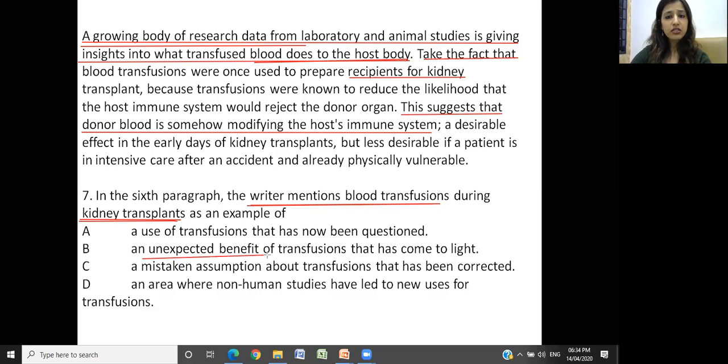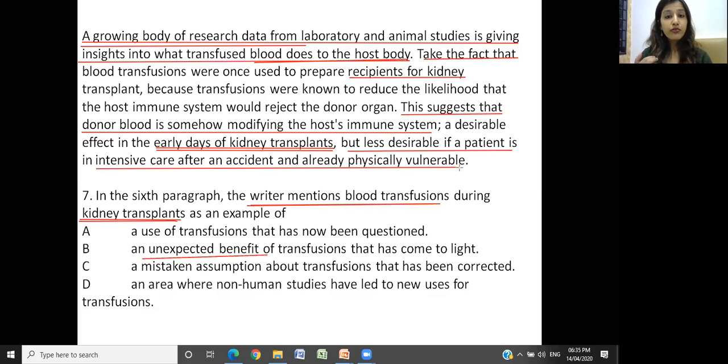No, it's not a benefit, because they have mentioned here that it could be a desirable effect in kidney transplant, because you are trying to suppress the immune response. So probably in kidney transplant it could be helpful, but it is less desirable if the patient is already in intensive care because of an accident, or if the patient is already physically vulnerable.